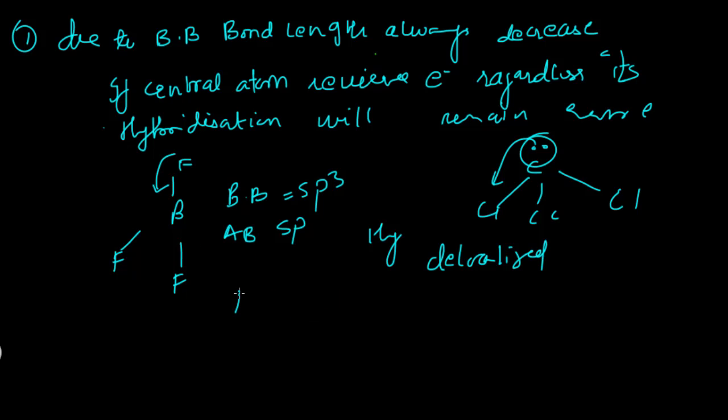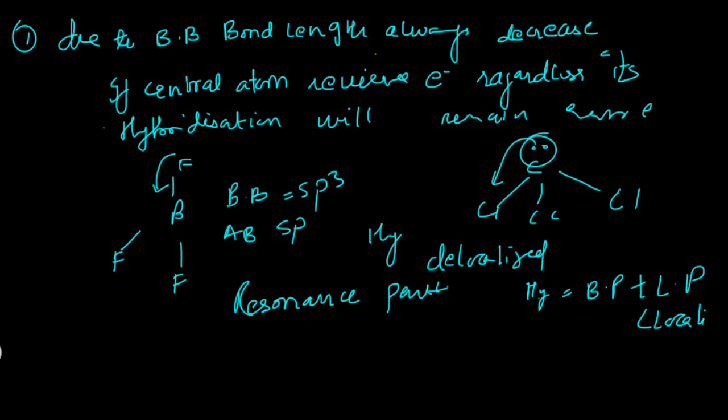If you want to learn more about it, you can check out my video on resonance part 1, where I've discussed why delocalized electrons are not counted in hybridization. So the normal formula of hybridization is bond pair plus lone pair, but these lone pairs should be localized, not delocalized. Delocalized lone pairs are basically those which take part in resonance.